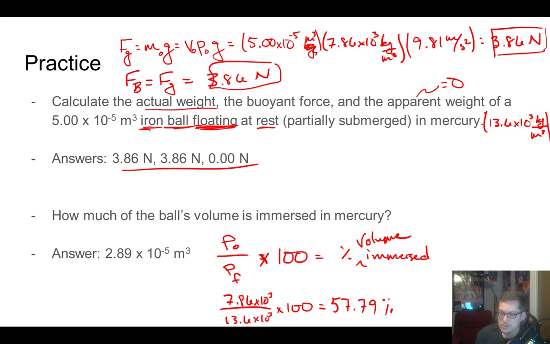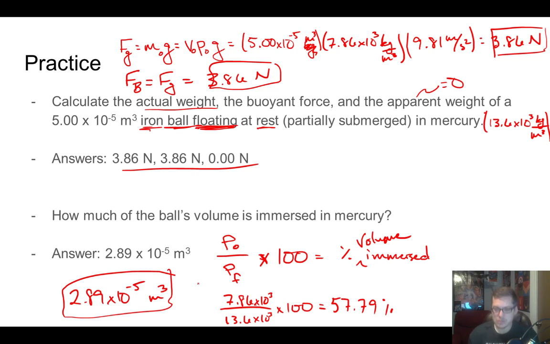So all we have to do is take that value, 0.577941117, and multiply that by our volume, which is 5e to the negative fifth. And we get 2.89 times 10 to the minus fifth meters cubed submerged.